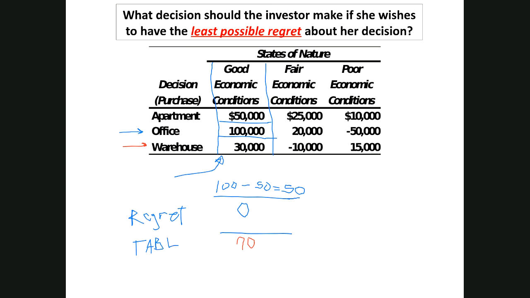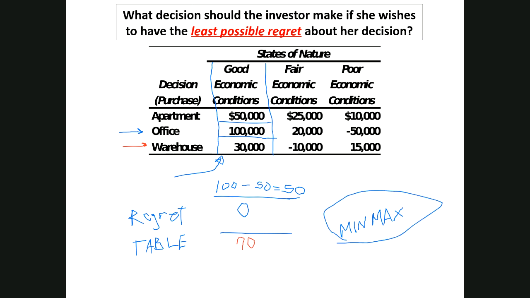We'll do this on the next slide. And then we're going to use a procedure that's called the minimax regret. We're going to choose the minimum of the maximum regret from that regret table to make our decision.